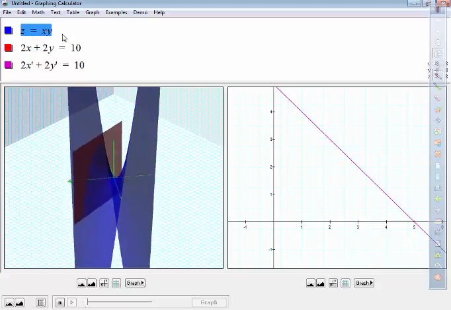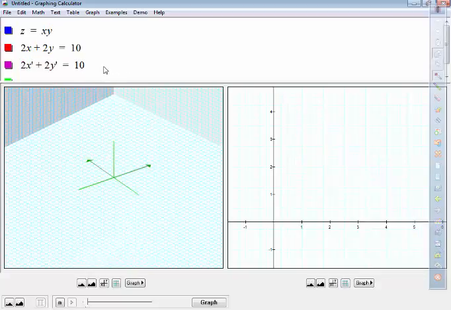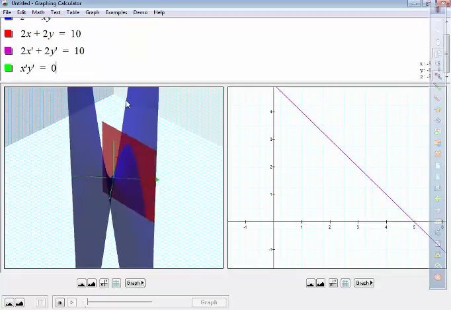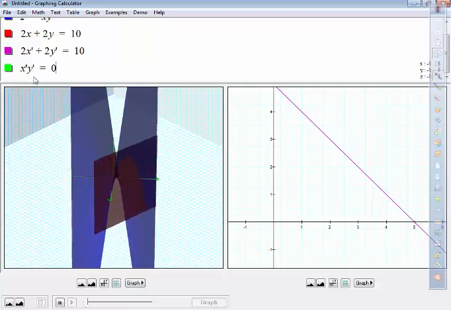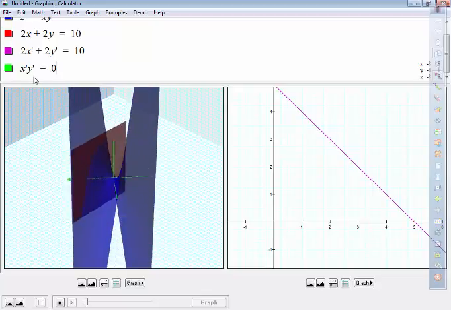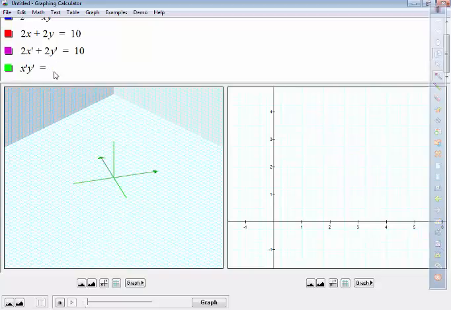So let's take a look at level curves of this. x squared times y squared is equal to 0. Yeah, that's weird. Let's do 1.